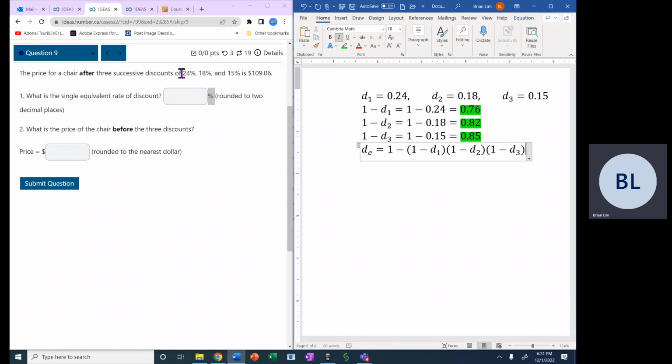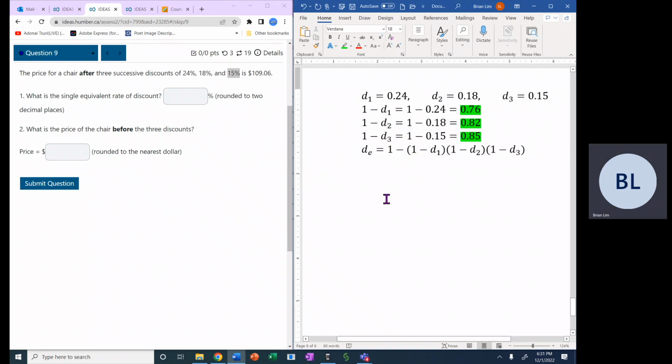All right, now you have 3 discounts. D1 is 0.24, that's 24% expressed as a decimal. 18% is D2, which is 0.18 expressed as a decimal. And D3, the third discount, is 15%, which is 0.15 expressed as a decimal.